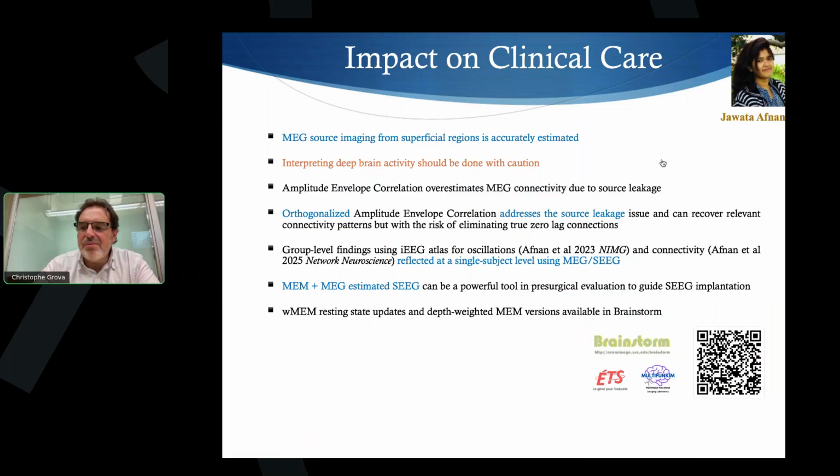I hope that our simultaneous recording will help us to develop methods that could tackle this problem. So I would still be quite cautious. We don't see deep activity. I think it's there, but being confident in our localization of deep activity, I don't think we are there yet.